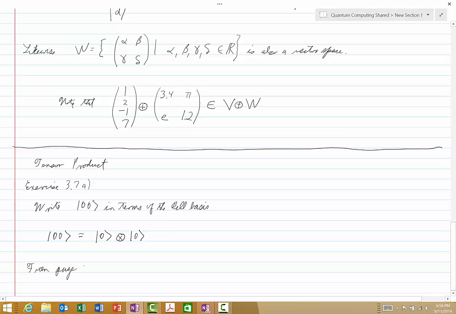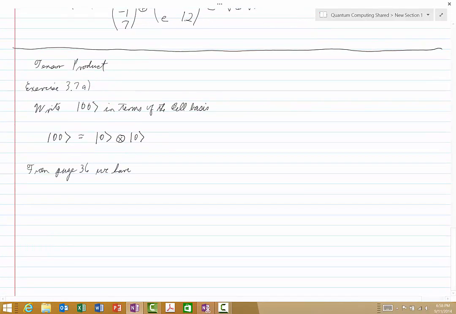So from page 36, we have that the Bell basis is given by the following.